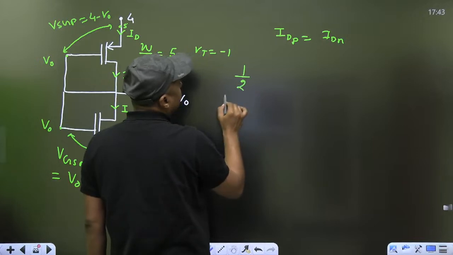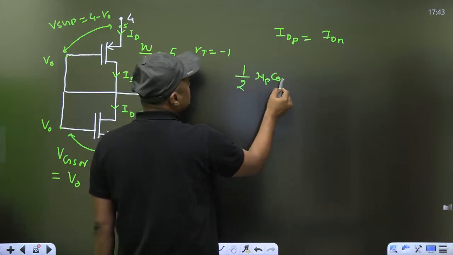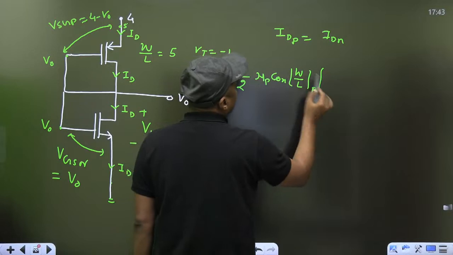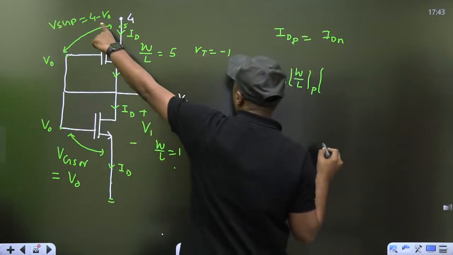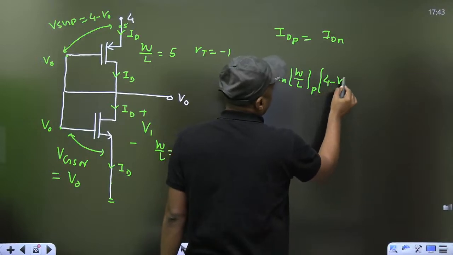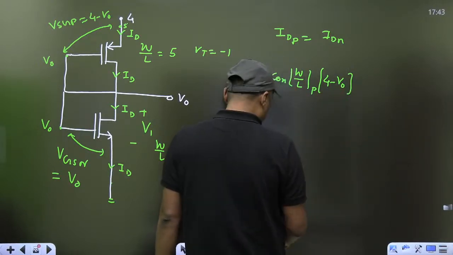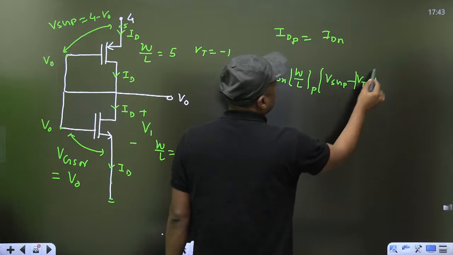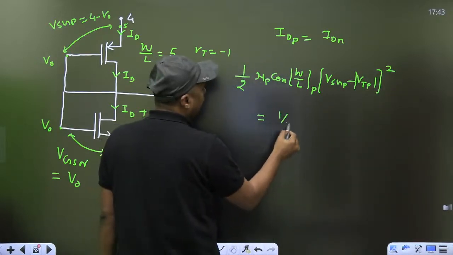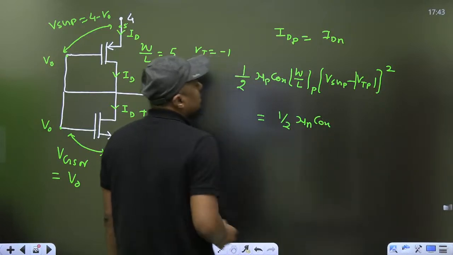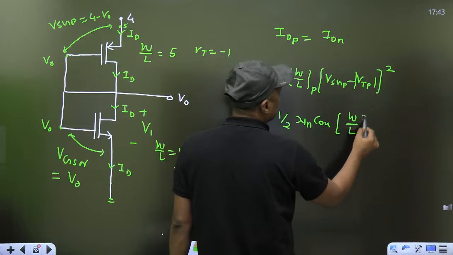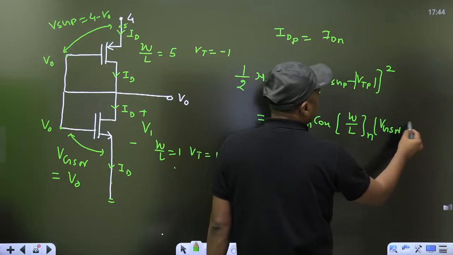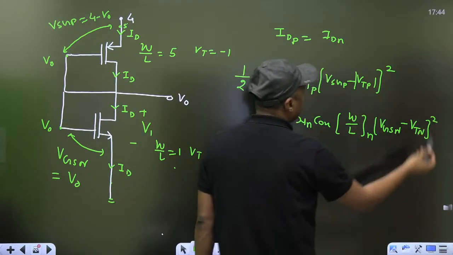You can write half of mu P COX W by L for PMOSFET, VSGP minus mod of VTP, the square, is equal to half of mu N COX W by L for NMOSFET, VGSN minus VTN, the square. Okay, that is it.